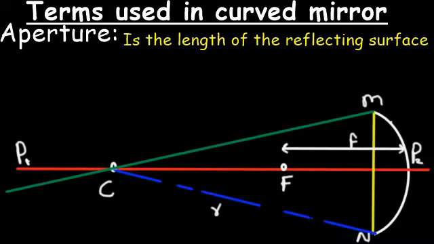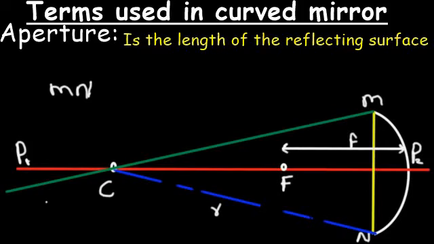So here is the mirror. What is the length of this mirror? The mirror is the reflecting surface, so to get the length of the mirror, we just need to measure the length of line MN. Therefore the aperture will be MN, with uppercase N.